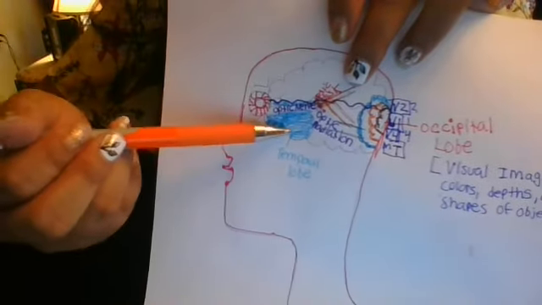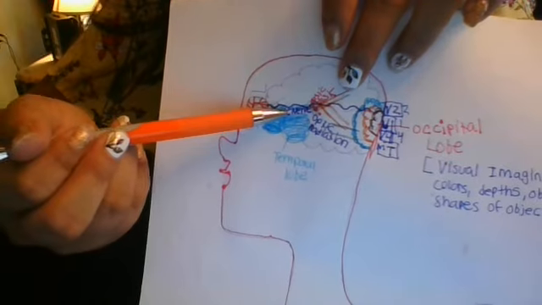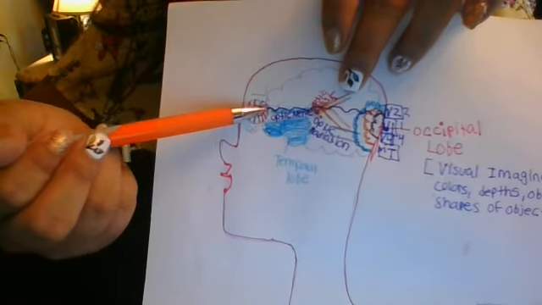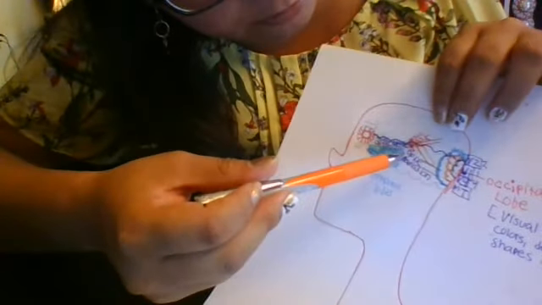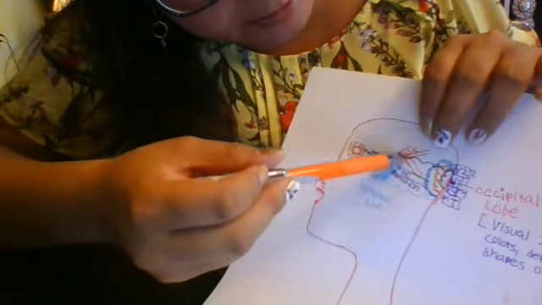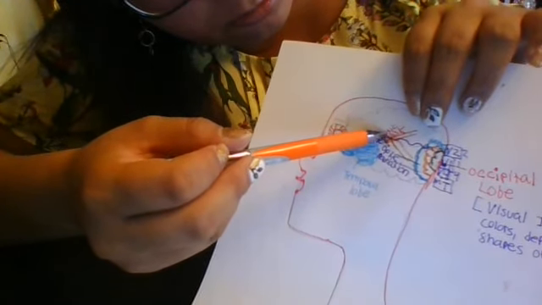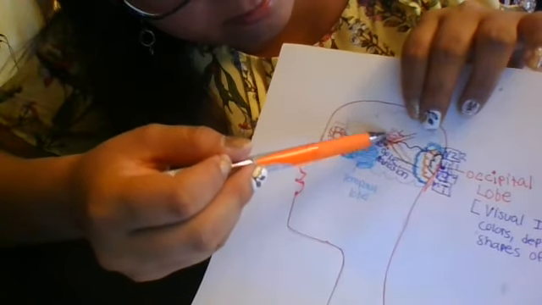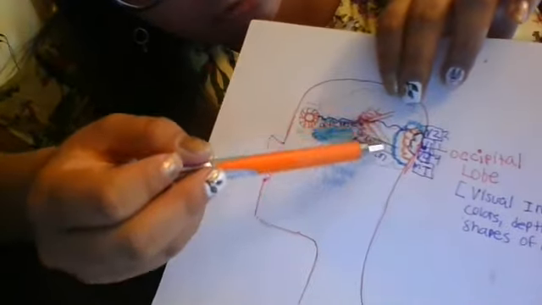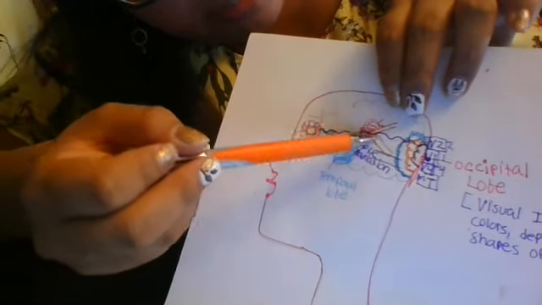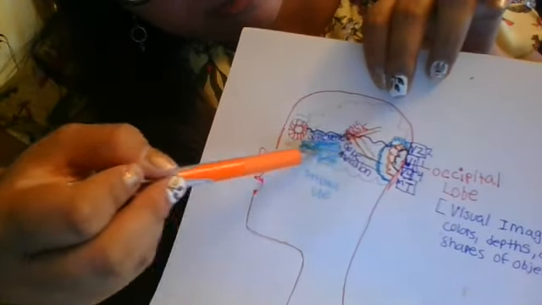So you got your optic nerves, which is a bundle of axons traveling through the optic nerve, and then you got your optic disc right here, and then the optic disc sends signals to the chiasm. So the chiasm is supposed to look like an X shape, crossing over the hemispheres.